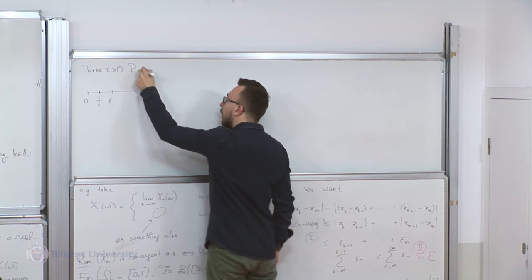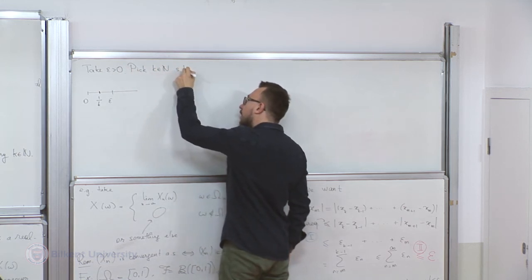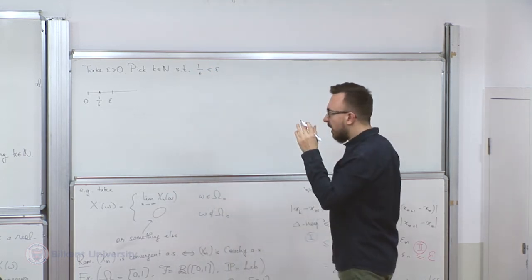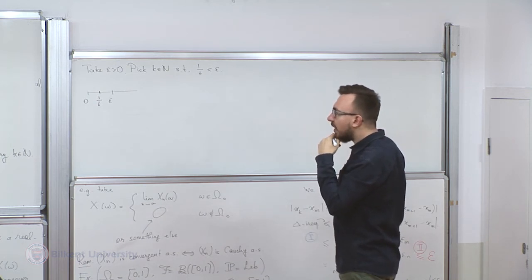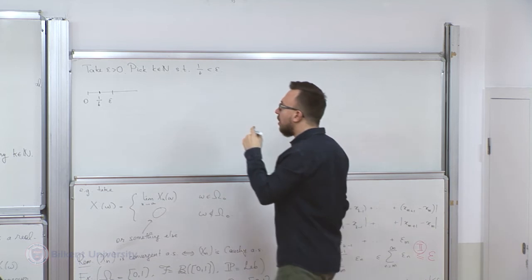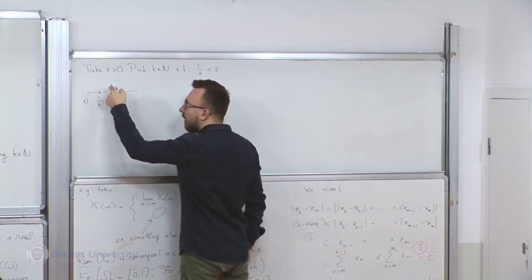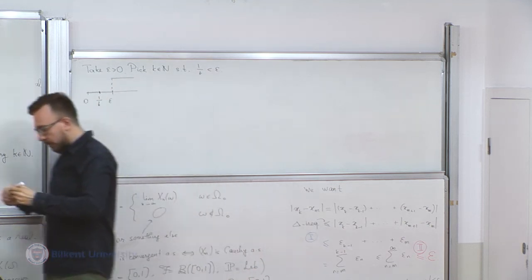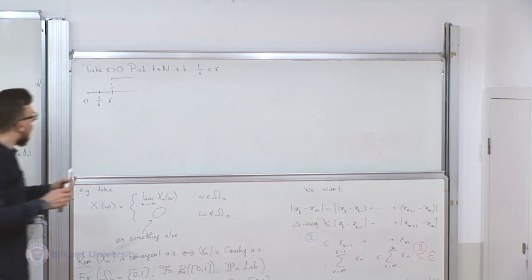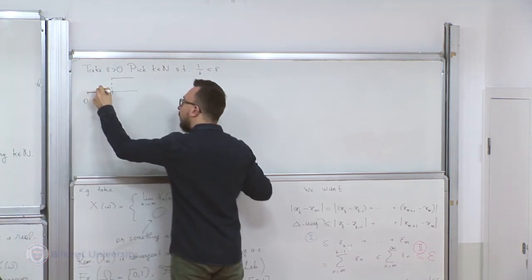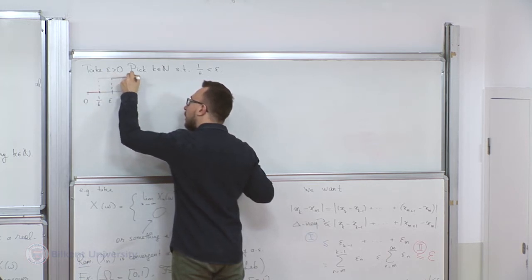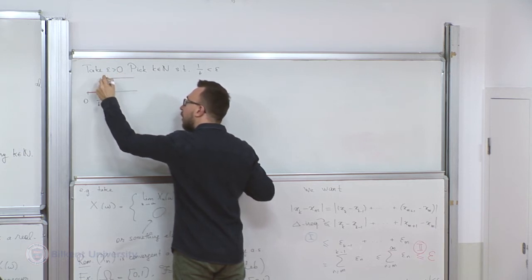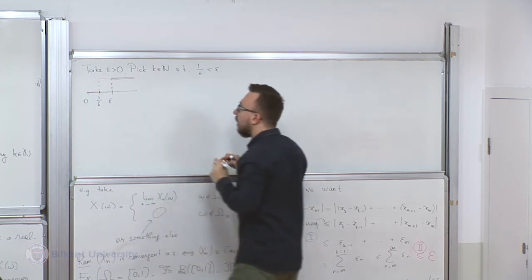So pick k such that 1 over k is less than epsilon, or less or equal, whatever. Because if you do this, if you compare the indicator from epsilon to infinity versus the indicator from 1 over k to infinity, let me draw it like this, or slightly below, although they have the same value. Like this.